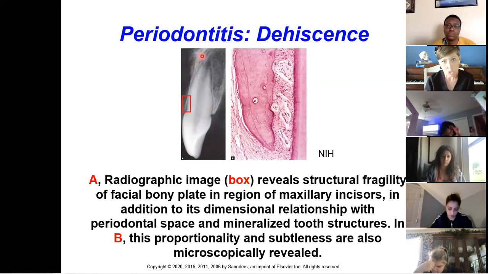Like I was saying, you can see here's your buccal and here's your lingual bone. You wouldn't be able to see that on a radiograph. You can't see the interproximal bone here, but here is dehiscence right here. It's where you start to get that fragility of the facial bone at the alveolar crest.